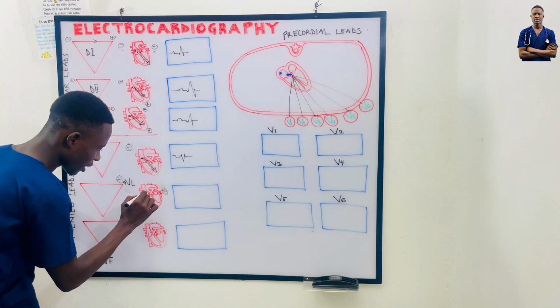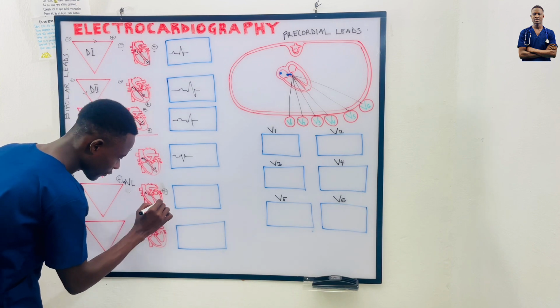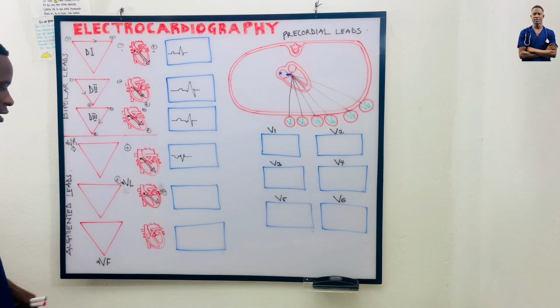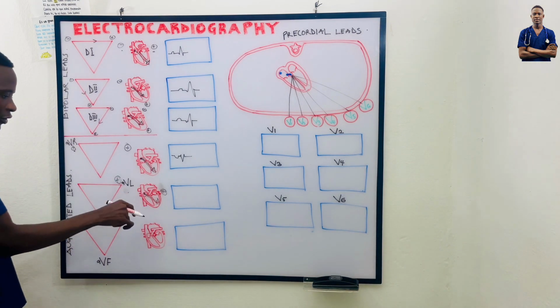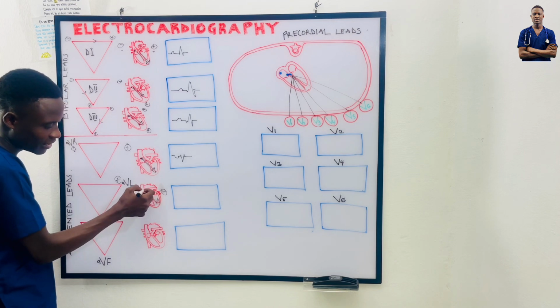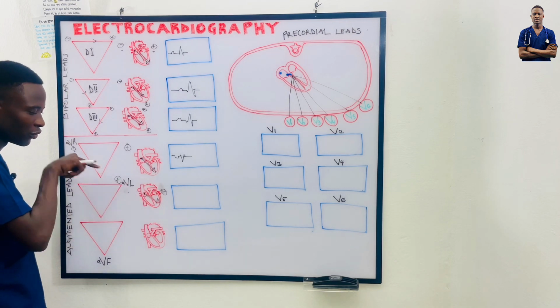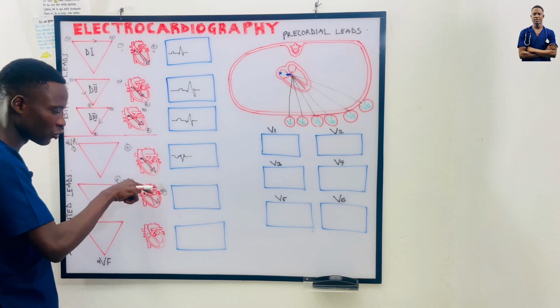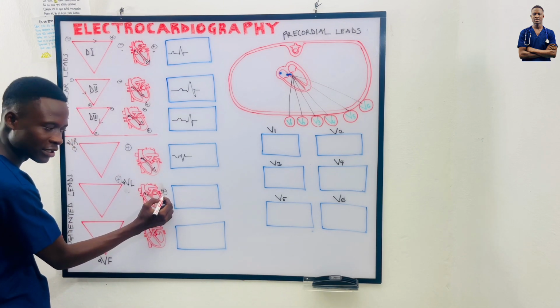and we generate our action potential here, and we transmit it through the apex of the heart to the ventricle, what happens? The heart, as it gives us a negative imaginary electrode, we move away from the imaginary negative electrode towards the positive. Do you understand?